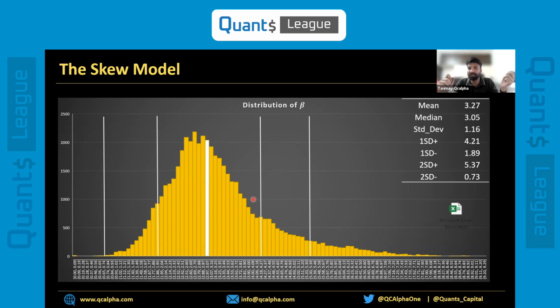Your one standard deviation is something and your two standard deviation is something. If the slope is steeper, then I can sell that slope or sell that skew. If that slope is not steep, and it is on the left side of the tail, then I can buy that skew.